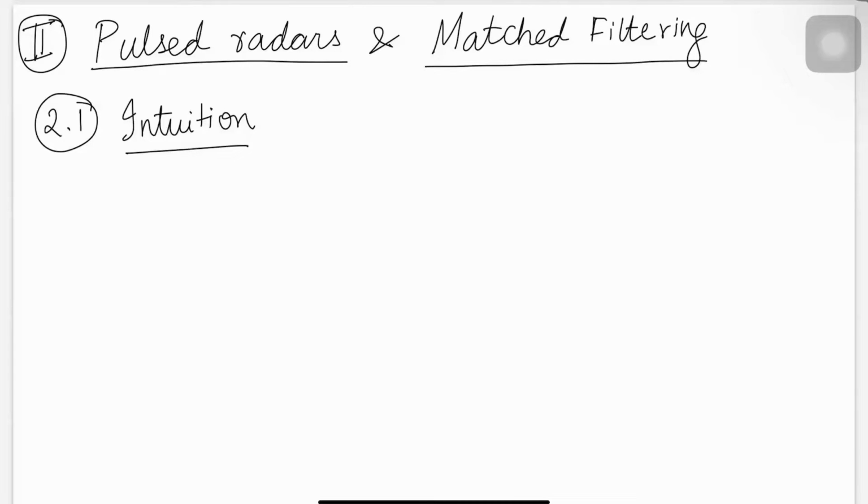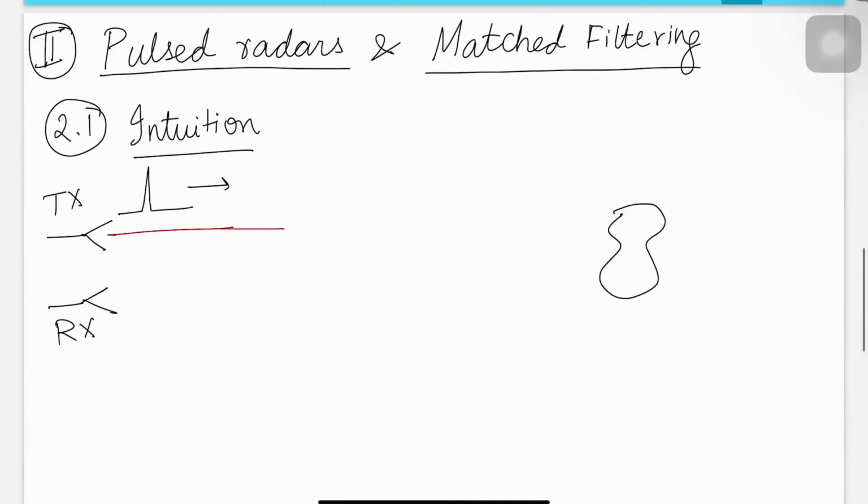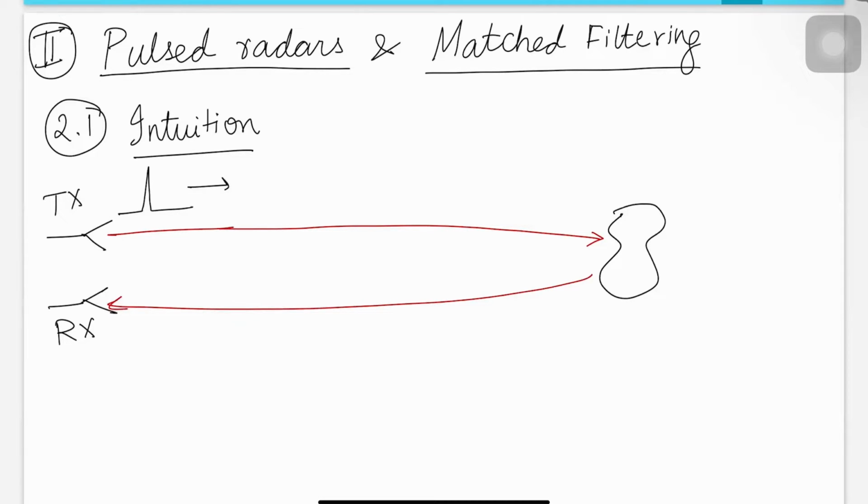For example, if you have a transmitter and a receiver RX, and I want to detect some object here, what do you do? You can send a very sharp pulse that goes out this way, travels all the way to the object, hits the object, and comes back. When it comes back, it's delayed by some time t.